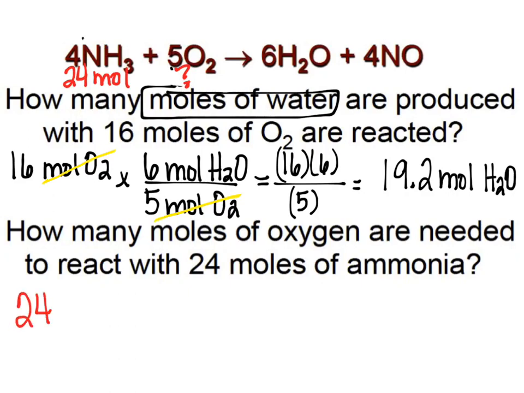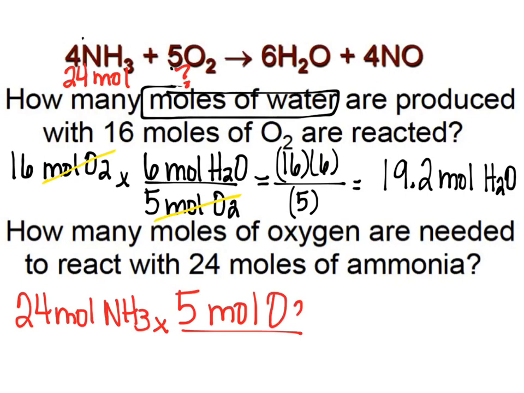What we know: 24 moles of NH3. And we need our conversion factor. We need our unknown on top. What is the number in front of our unknown? 5 moles of O2 over 4 moles of NH3.